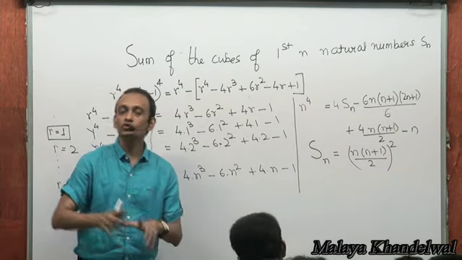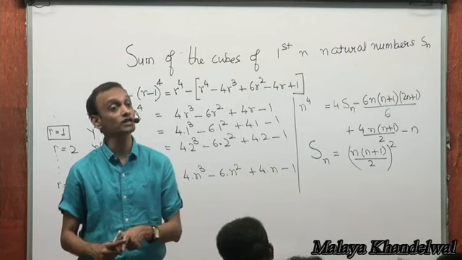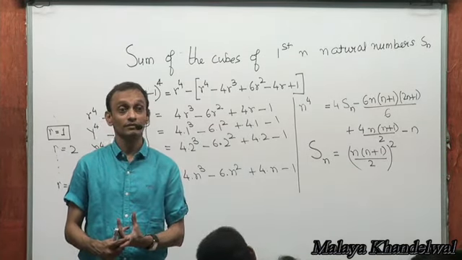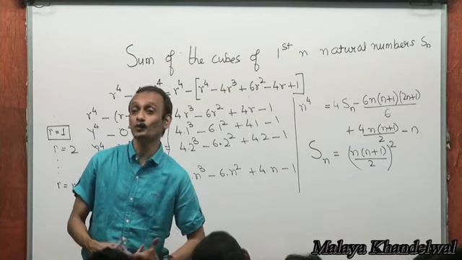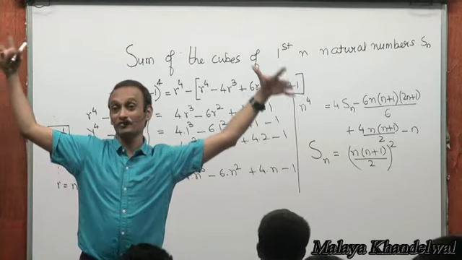Sounds all right? So now you know the sum of the first 10 natural numbers, the sum of the squares, and the sum of the cubes of the first 10 natural numbers. Not that you want to keep doing this a lifetime, sum of the fourth powers, sum of the fifth powers.